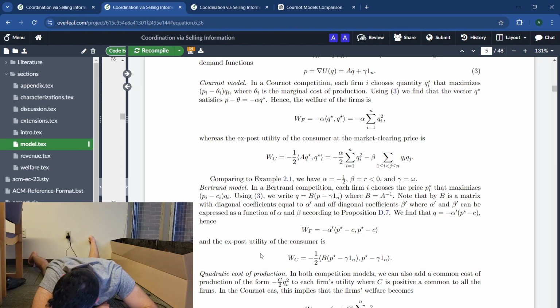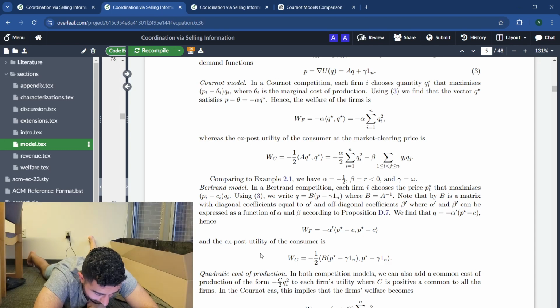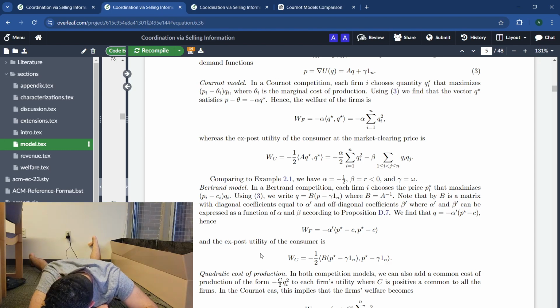Because the price given is, who decides, who chooses the price function? The firms in Bertrand, firms choose the price. And you have control over Q as the consumer.